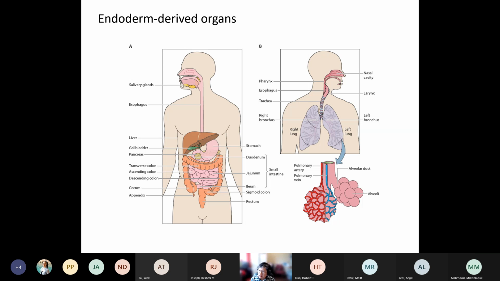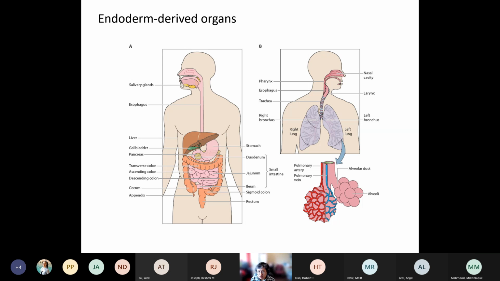And also the liver will secrete a lot of enzymes in the bile, and the gallbladder will collect the bile and then transfer the bile into the small intestine. And then the pancreas, of course, is a source of digestion enzymes that need to be transported into the small intestine as well. So they are closely associated with the GI tract.